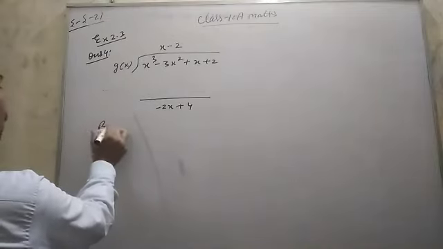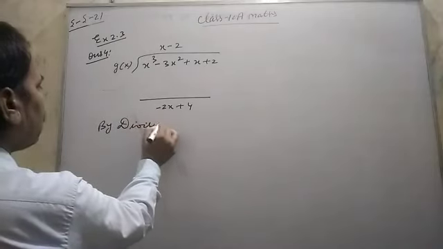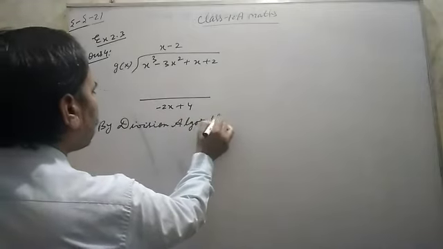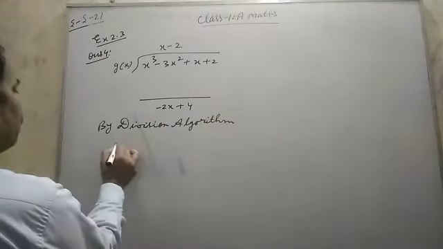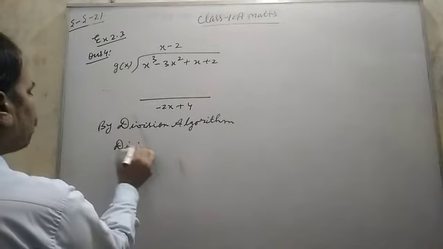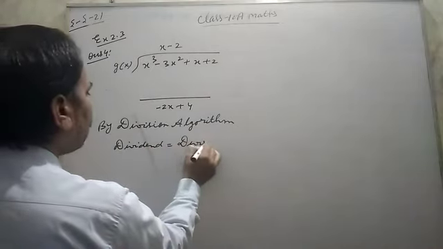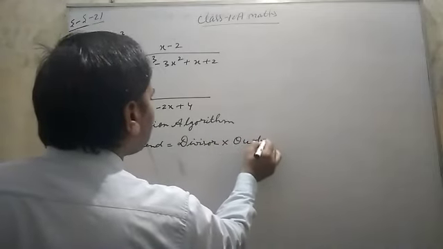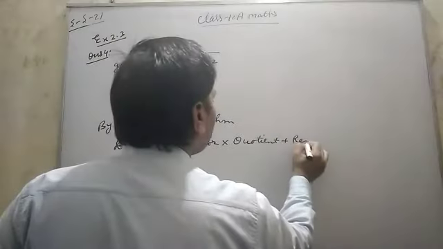So by the division algorithm, dividend is equal to divisor into quotient plus remainder.